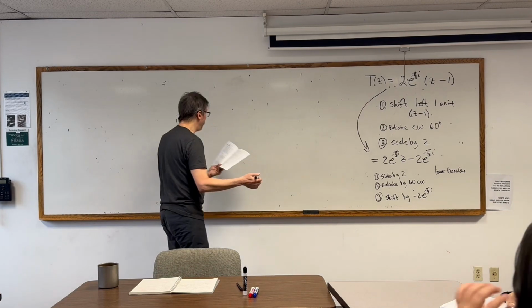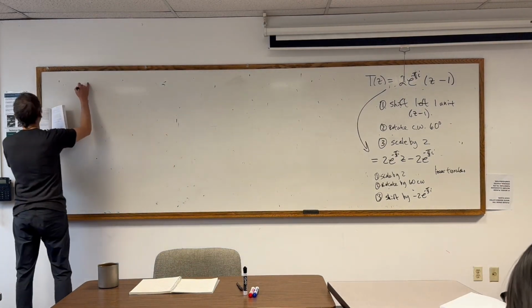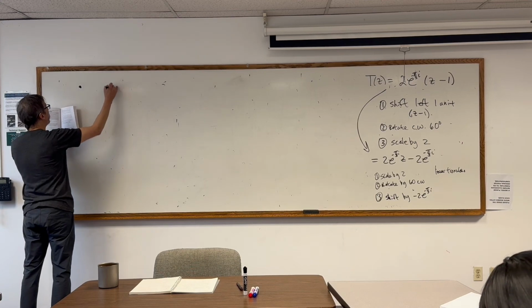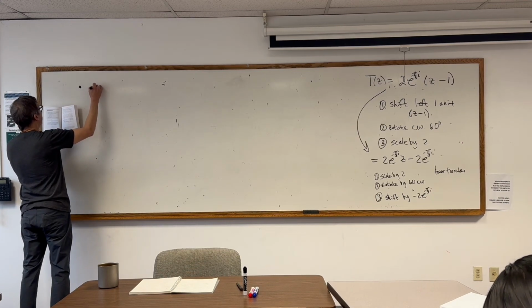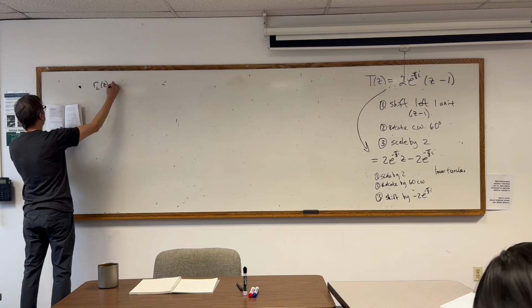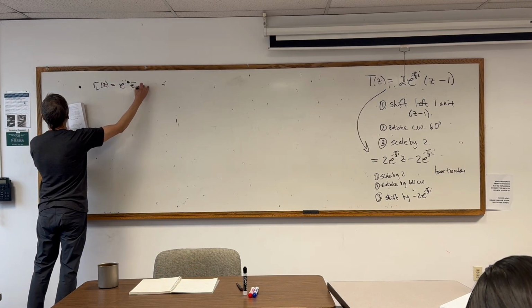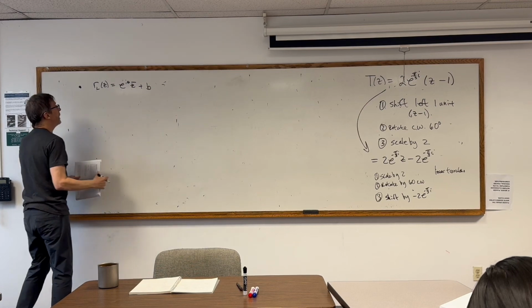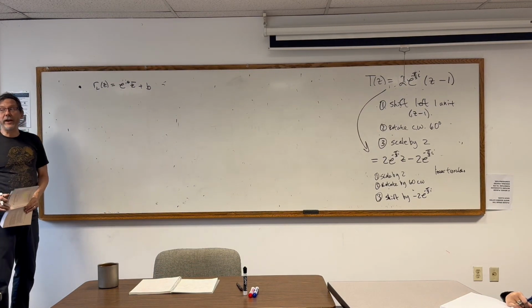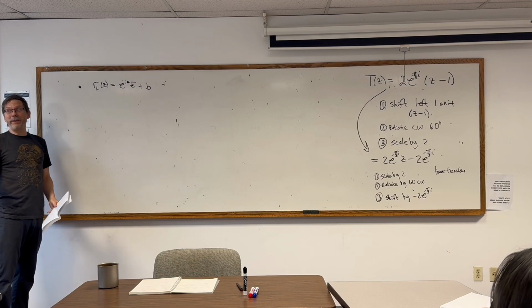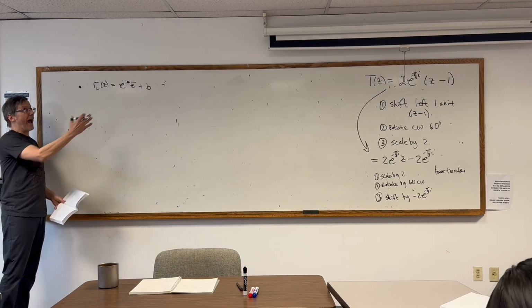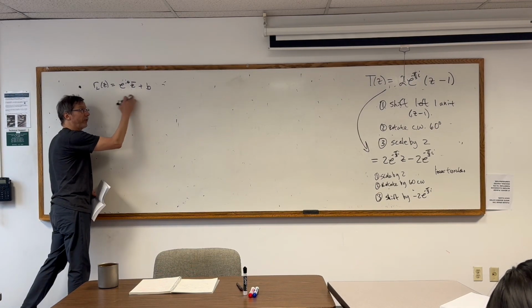They do have this little bullet point in there. Reflection across a line is e to the i theta z conjugate plus b. They don't give you much details here. What theta is and what b is, you're going to have to build those up.